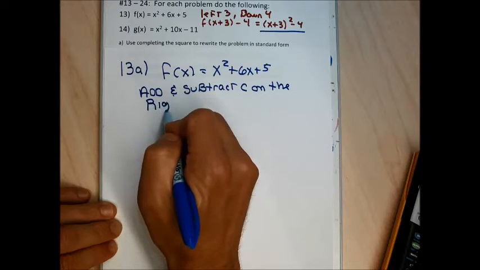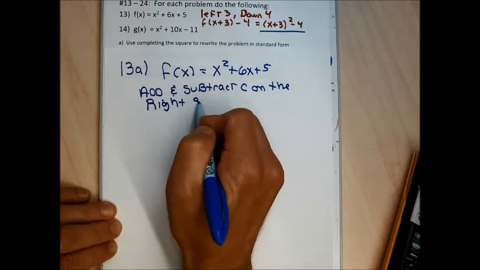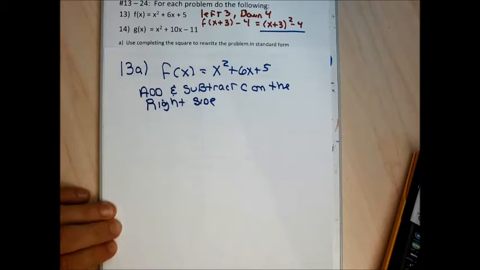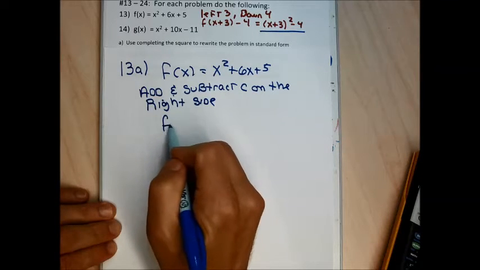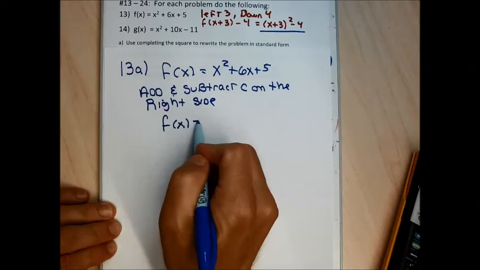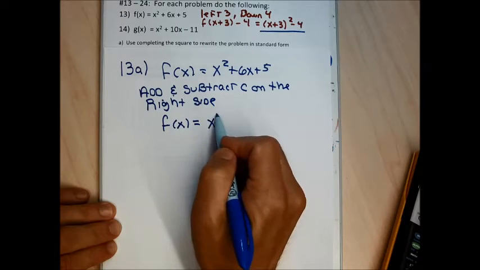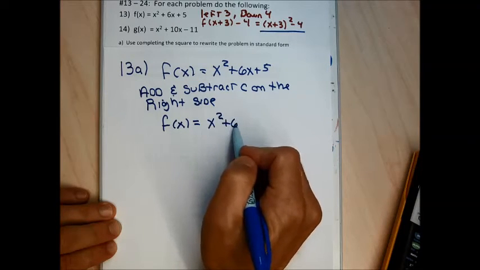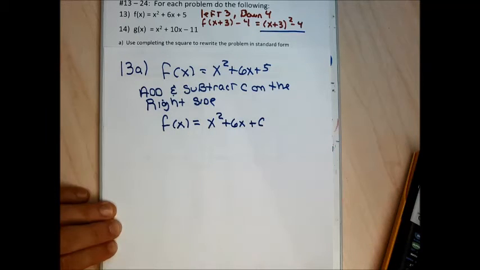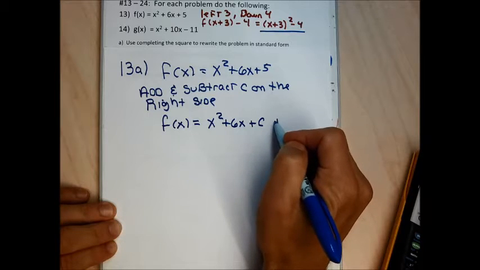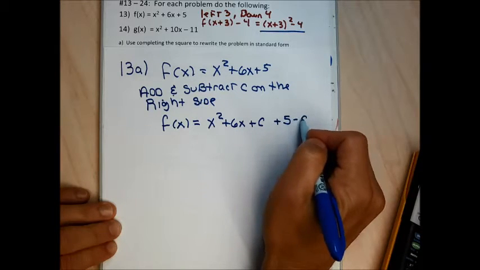As the problems get slightly more complicated, I might have to have a number in front of this c, but we'll hold off on that at first. So first step, add and subtract c, and very specifically, that c is going to be added after the x terms and subtracted after the constant.